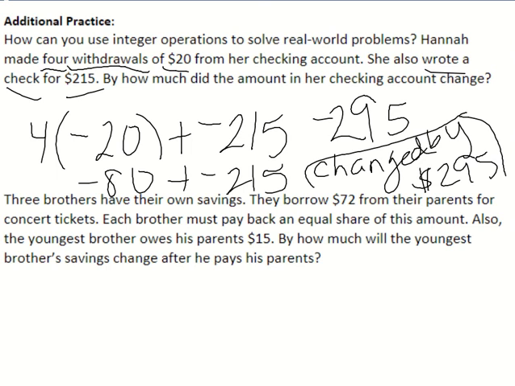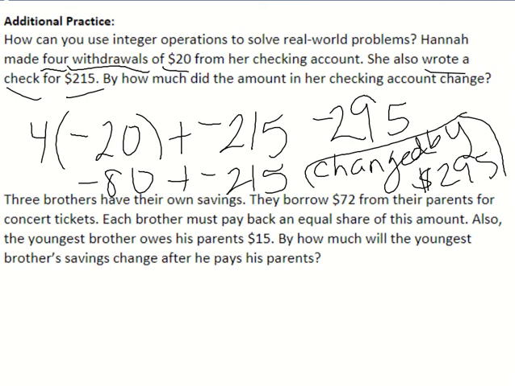All right, 3 brothers have their own savings. They borrow $72 from their parents for concert tickets. Each brother must pay back an equal share of this amount. Also, the youngest brother owes his parents $15.